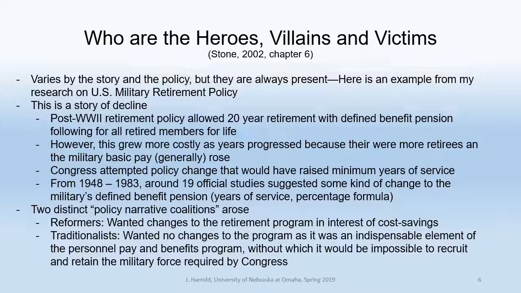The other was what I called the traditionalists, people who wanted no changes at all, because it was an indispensable part of the personnel pay and benefits program. Without that, it would be impossible to recruit and retain the military force that Congress required, especially during the all volunteer force era, which started in about 1972.